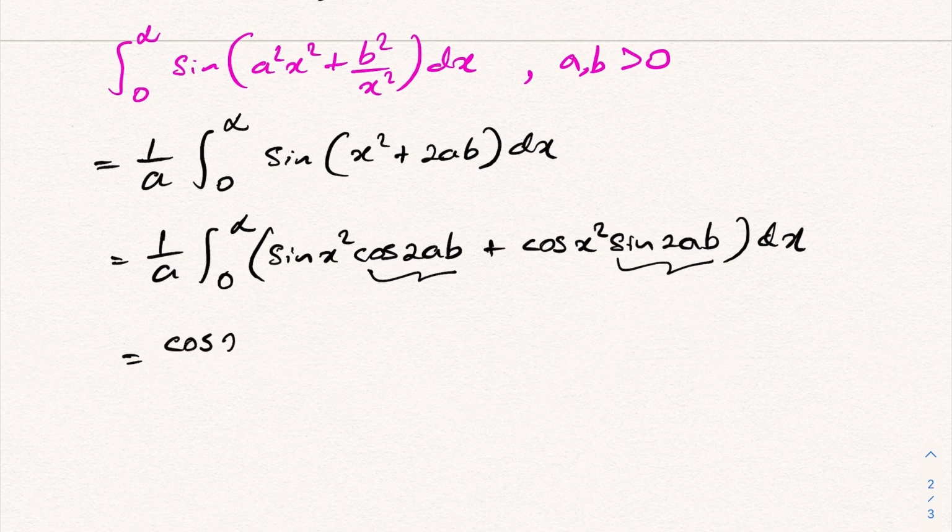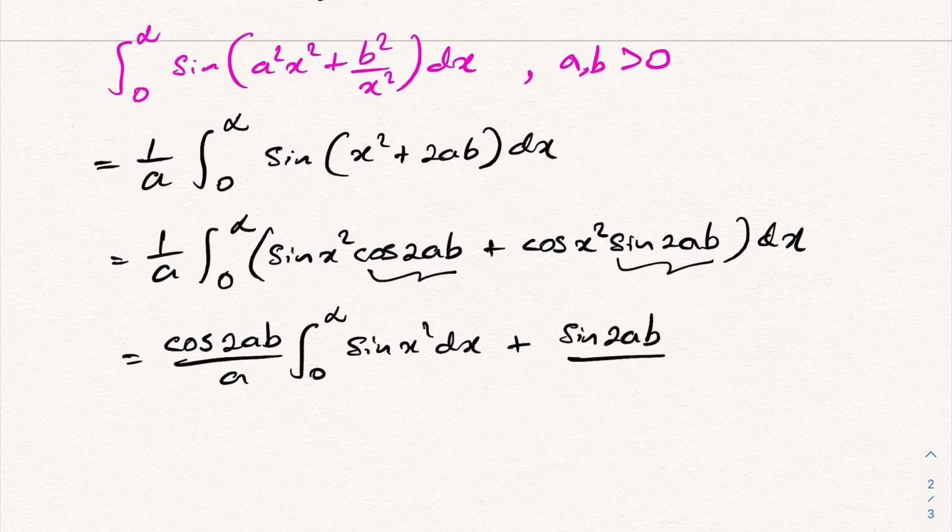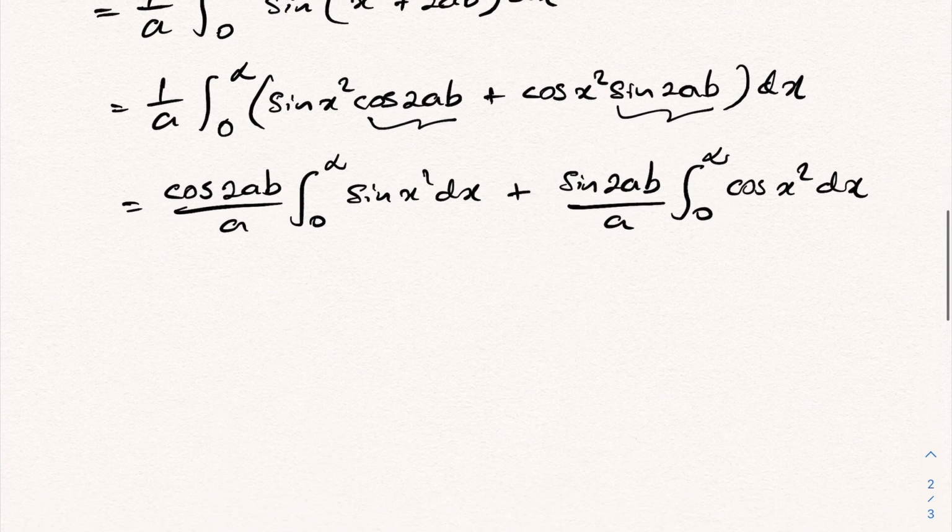So cosine of 2ab over a times the integral from 0 to infinity of sine of x square dx, plus sine of 2ab over a times the integral from 0 to infinity of cosine of x square dx. Okay, in the previous video we evaluated these integrals, the Fresnel integrals.